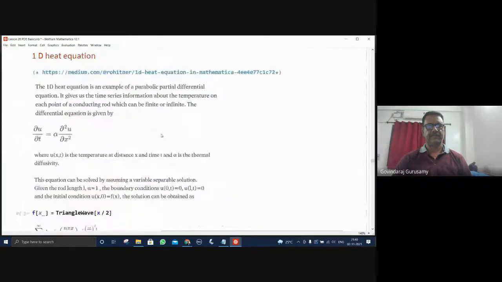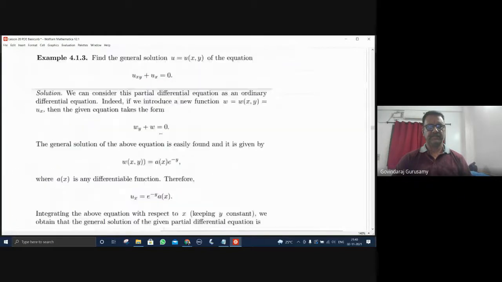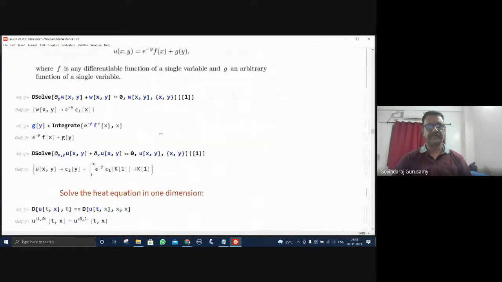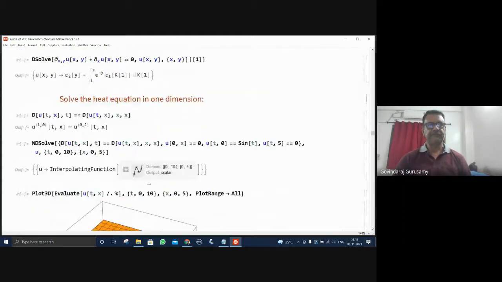So this is what happens with respect to PDEs of different types. You can try here also, which I have already shown to you. A typical heat equation, which is first order in time and second order in position.